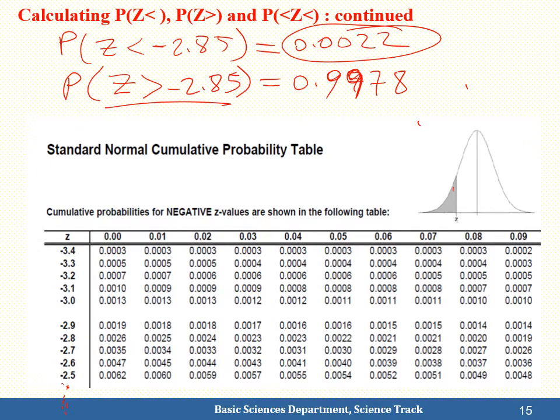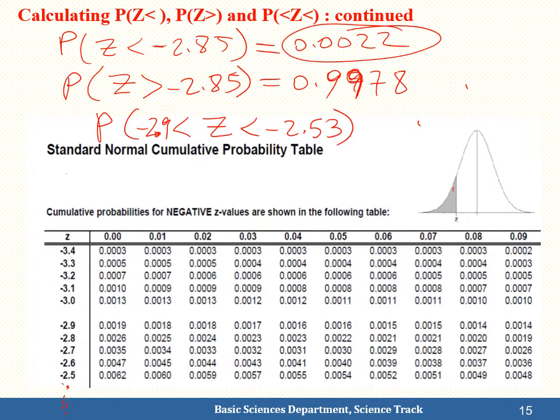Let's look at this one here. The probability that z is bigger than some negative number, let's say negative 2.9, and less than negative 2.53.